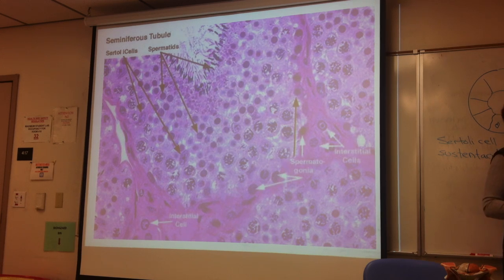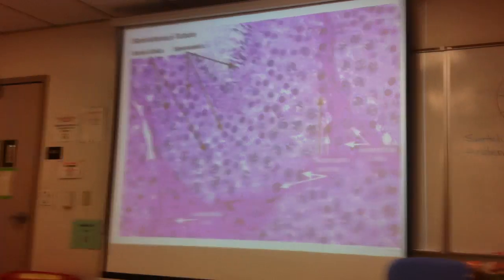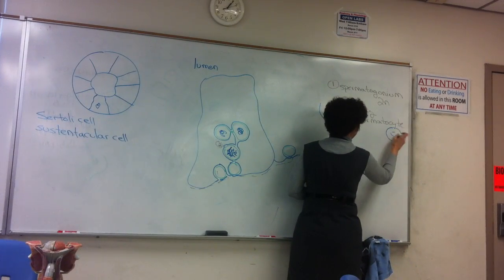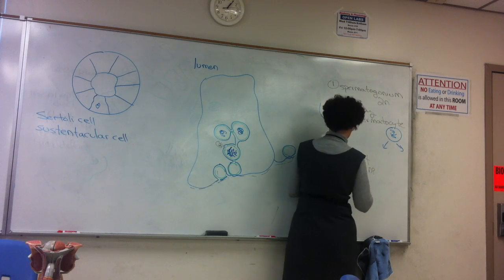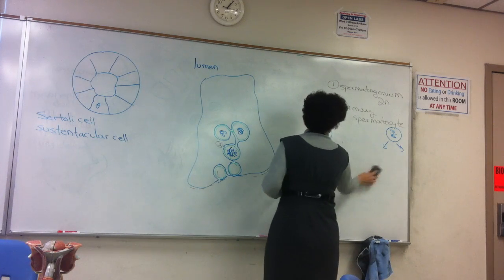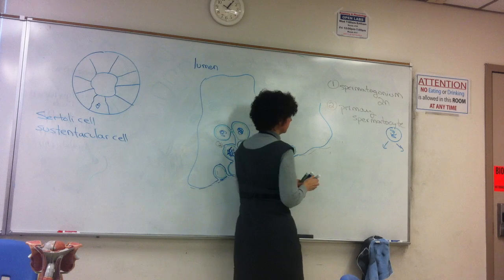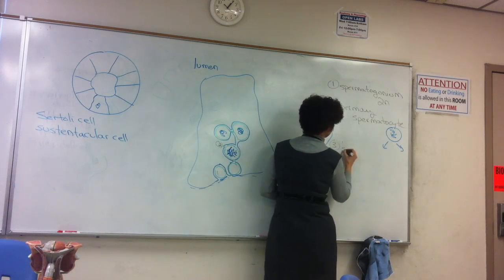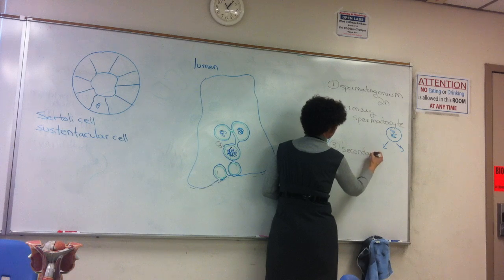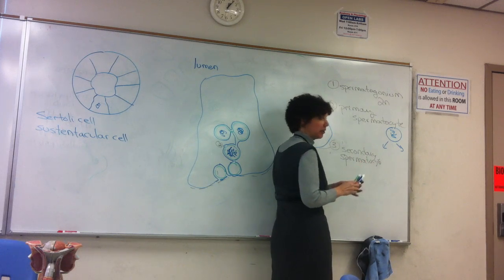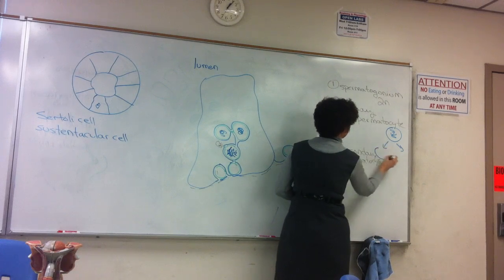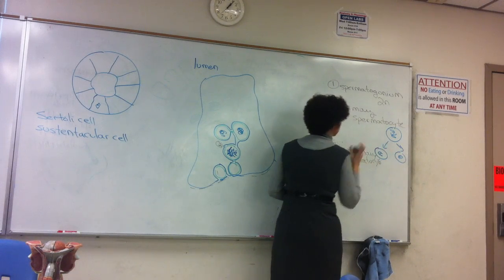Another cell may move up and take its place, but this cell is becoming this cell. And we call that, so one primary spermatocyte is going to form two secondary spermatocytes. Again, we'll talk about the chromosomal changes that occur later.